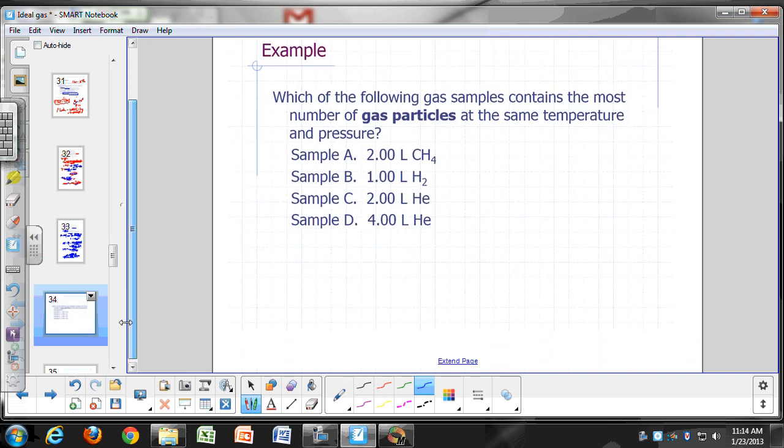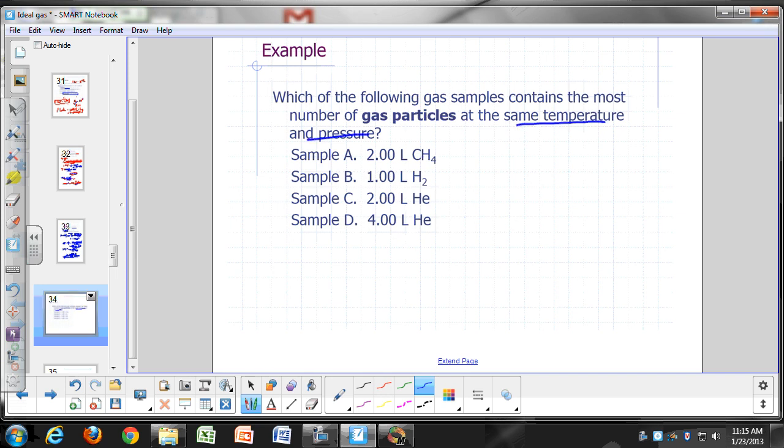All right, so let's do a quick review. Which of the following gas samples contains the most number of gas particles at the same temperature and pressure? A, B, C, or D? 2 liters of CH4, 1 liter of H2, 2 liters helium, 4 liters of helium. They have the same temperature and pressure, so what do we know about same temperature and pressure?